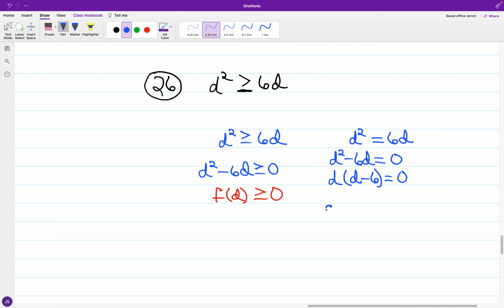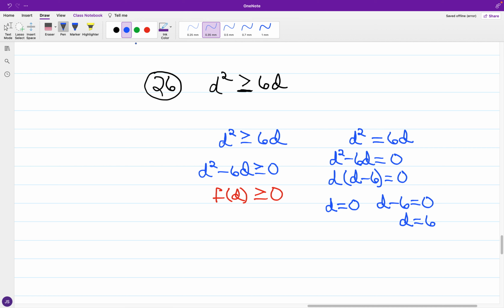From the first factor d, I automatically have a zero at 0. And with the other factor, if d minus 6 is equal to 0, then d is equal to 6.